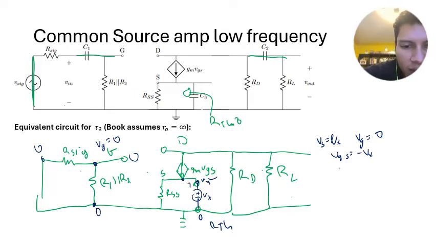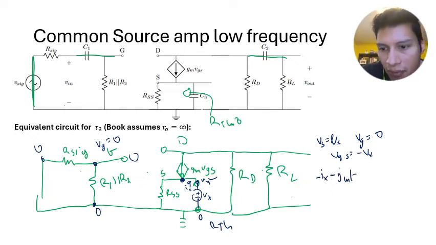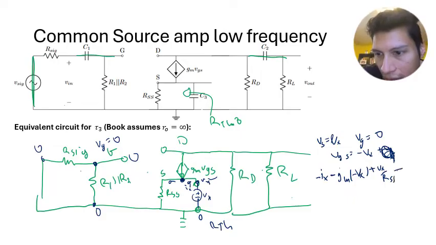Okay, now I can do, so this is Ix coming out of the source. I'm going to do this nodal equation here. And what that's going to give me is negative Ix minus Gm times negative Vx, because remember VGS is negative Vx. And then this is just Vx over RSS, so plus Vx over RSS has to be equal to 0.